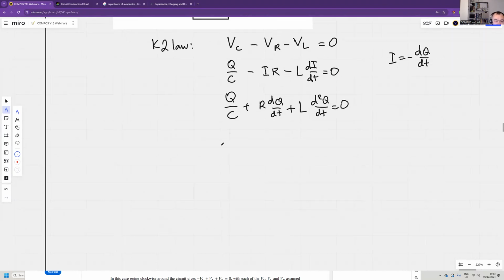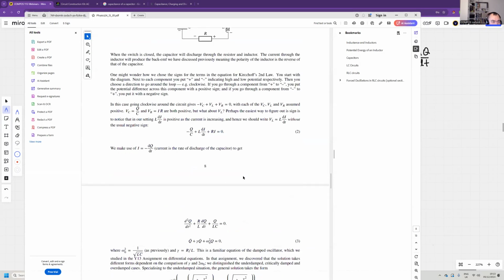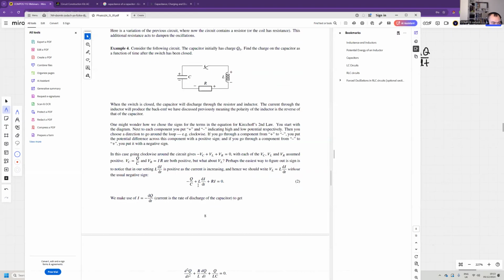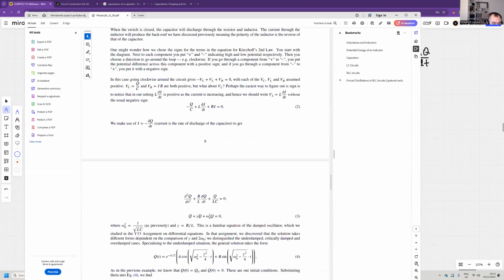And we have a differential equation: L Q double dot plus R Q dot plus Q over C equals 0. Let me check if I've messed up. Yeah, makes sense.